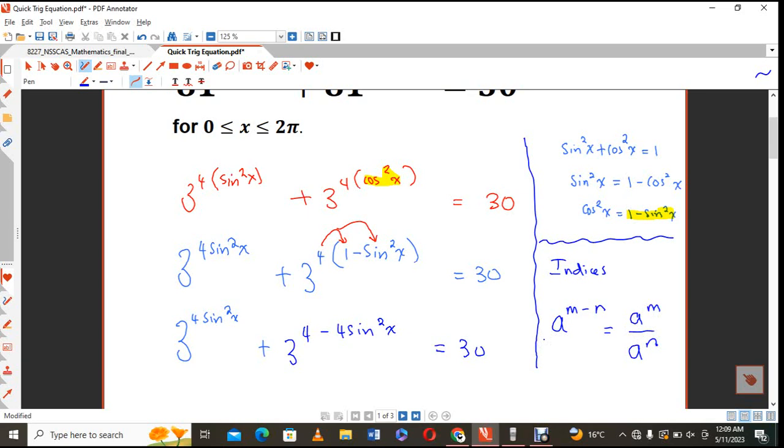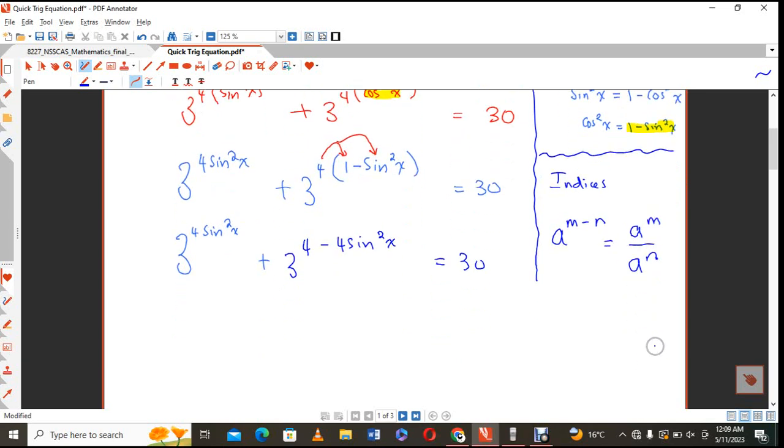So what that means is that I'm going to rewrite the second one. This one is still going to be 3 raised to the power of 4 sine square x plus, but this is now going to be 3 raised to the power of 4 upon 3 raised to the power of 4 sine square x. Because once you are dividing, you are subtracting the indices. And we're going to let that equal 30.